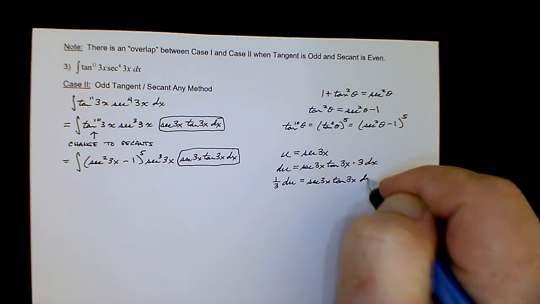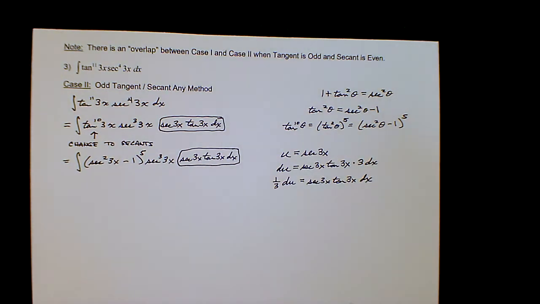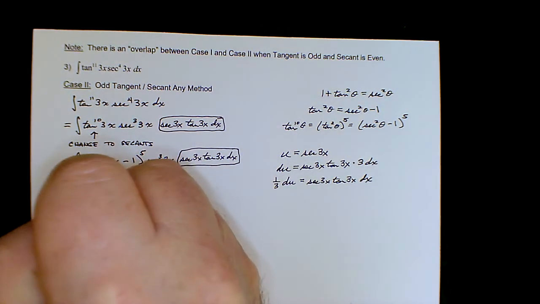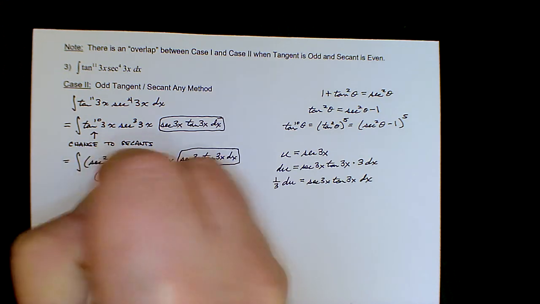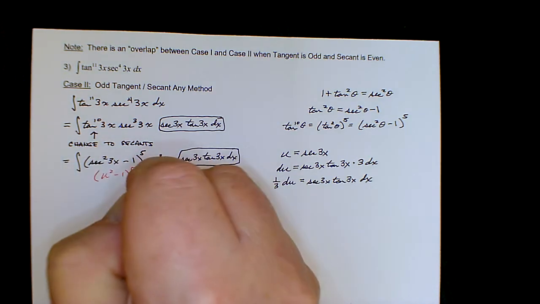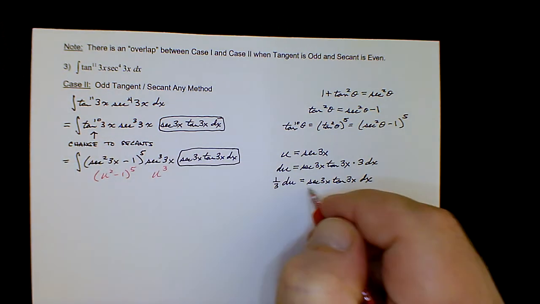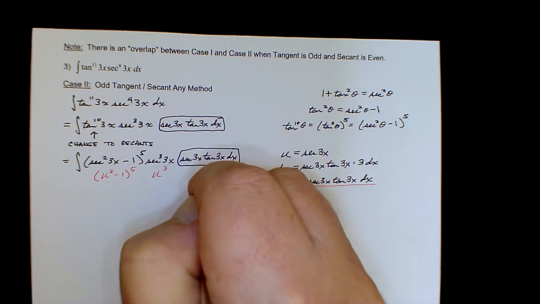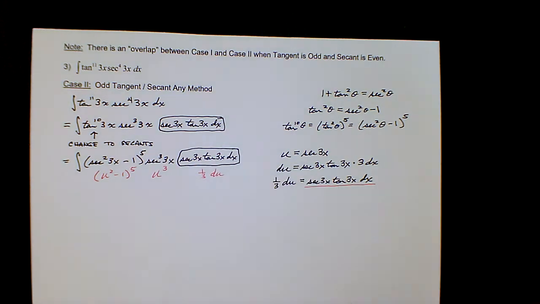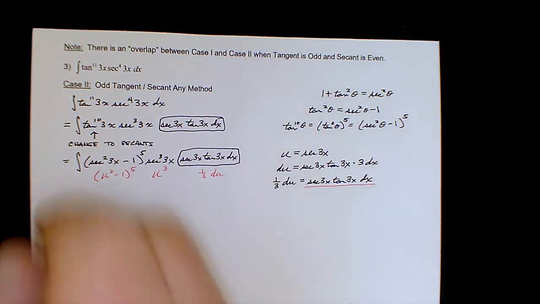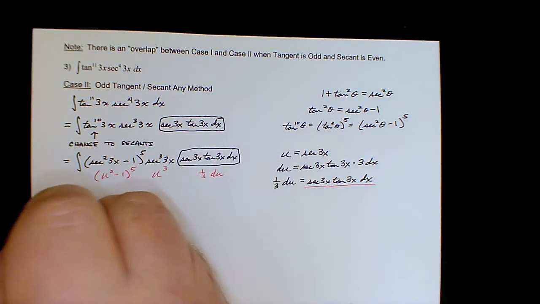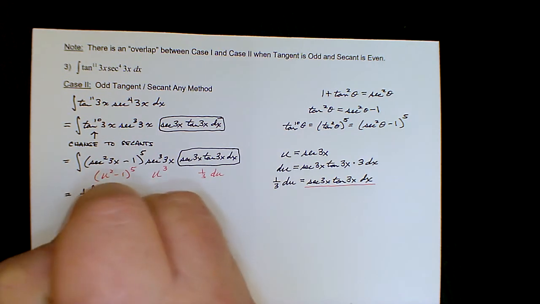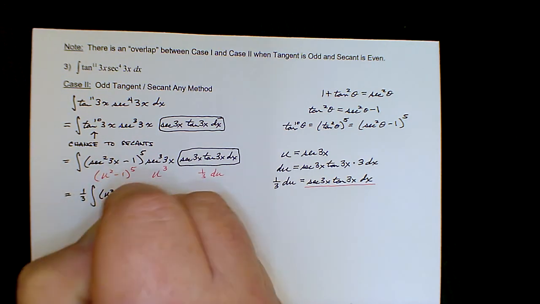Going back to the integral, u is secant, so here we have u squared minus 1, but as a quantity to the 5th. Here's u cubed, and then the secant 3x tangent 3x dx makes up 1/3 du. Okay, so our change of variables, bring out the 1/3, integral of u squared minus 1, quantity to the 5th, u cubed, differential du.